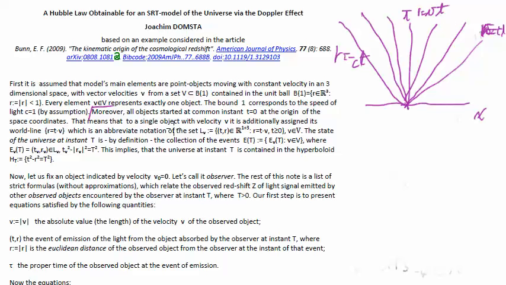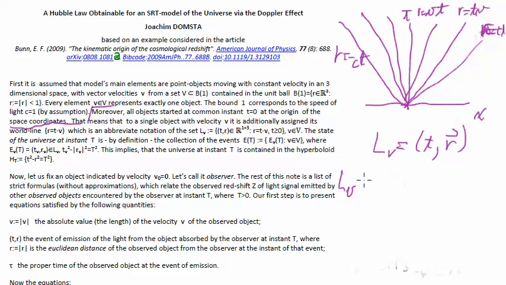That means that to a single object with a velocity v, it is additionally assigned the world line r equals tv, which is an abbreviated notation of the set L sub v equals (t, r), member of R^(1+3). I think this L sub v is a world line.